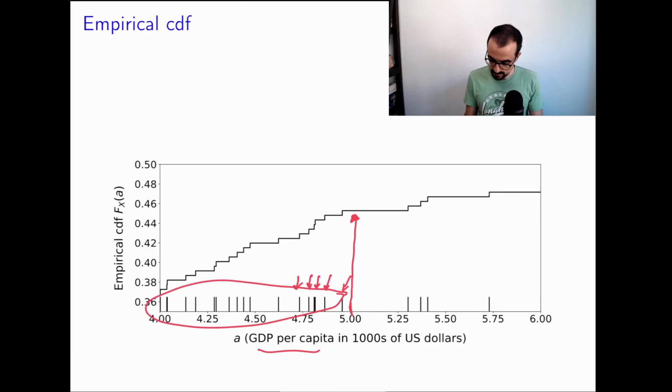In this case, it's about 0.46. That is not going to change until I encounter another point. So here I've encountered another point, so the probability is slightly higher, 1/n higher, in fact. So this just goes up by steps of 1/n every time there is a data point. So the empirical CDF is always piecewise constant because of the way we have defined it.